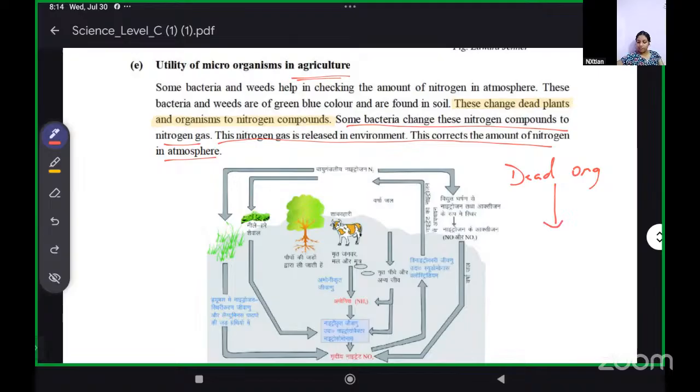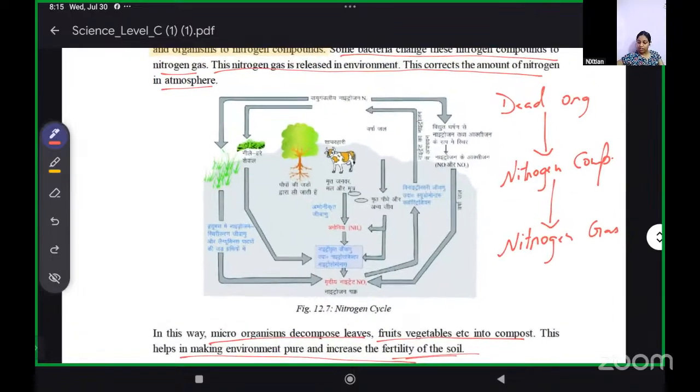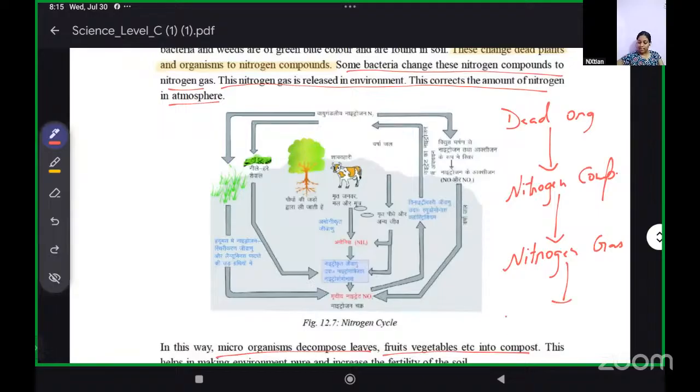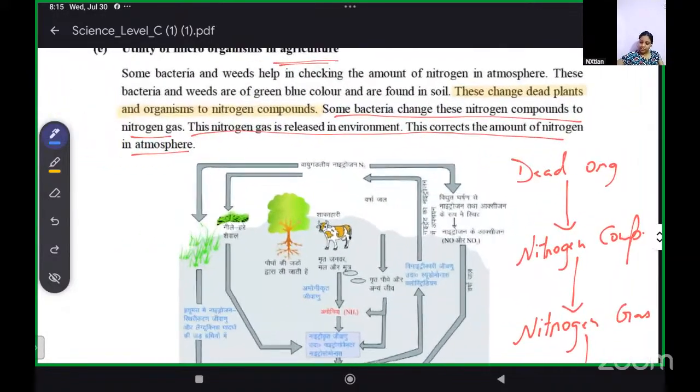They are converted into nitrogen compounds, which are converted into nitrogen gas, which is released in the atmosphere, and this balances the amount of nitrogen in the air. Here, it is done by bacteria and bees.